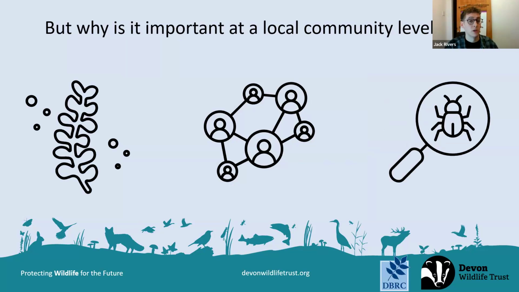Information collected by communities can help to inform management of local habitats, help inform increasing connectivity between sites, but also highlight whether there are any important species present within your local area. But it also has wider added benefits. Getting outside in nature, interacting with other people, all goes a long way in supporting our own mental health and developing connections with others. But also it's just a really fantastic opportunity to learn about different species and develop your own identification skills.